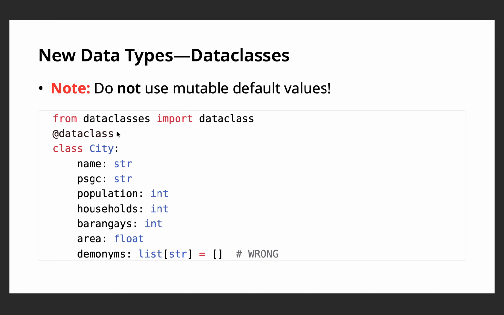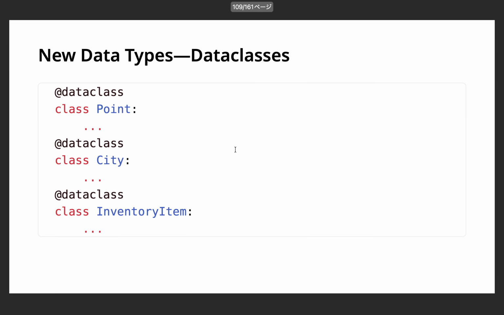In the data classes library, part of the standard library, there are certain fields or functions that you can use if you really want a list or some other mutable collection as a default value. So if you want, just search it up sa documentation. We won't cover it in this lecture over here.